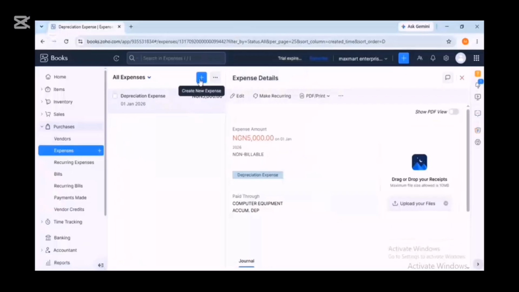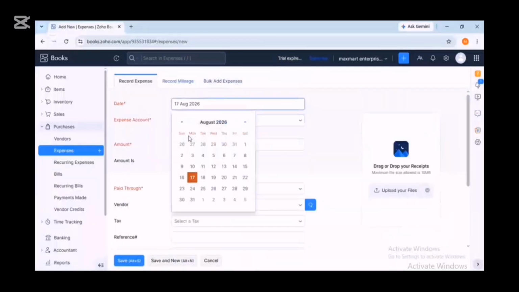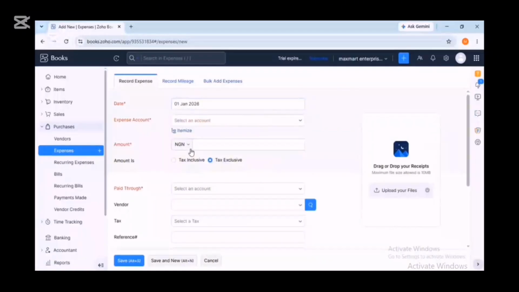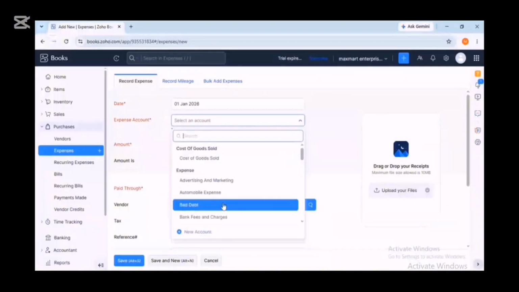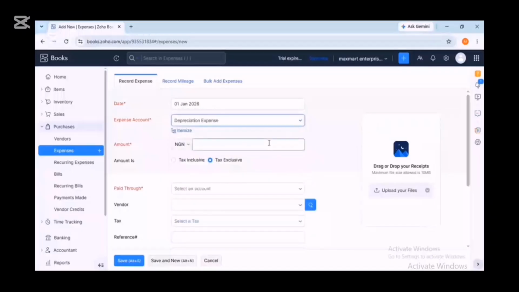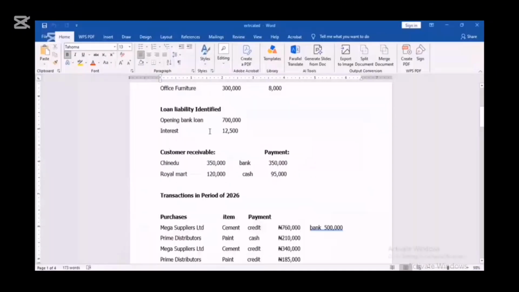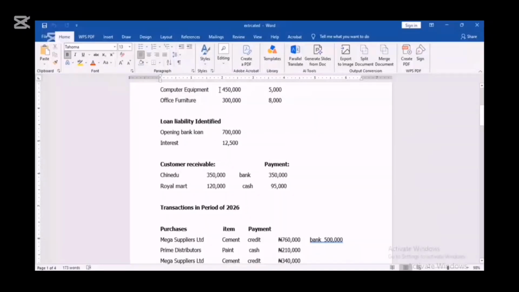Alright, for the sake of this training and class, next let's do it for office furniture. So we date it back to January 1st. The expense account, definitely depreciation expense. Good. So the amount, let's see what we have.